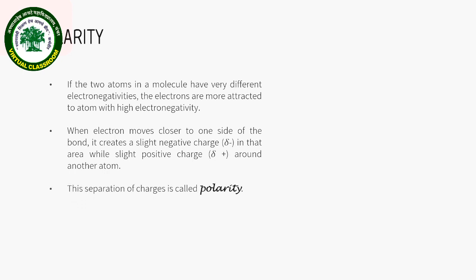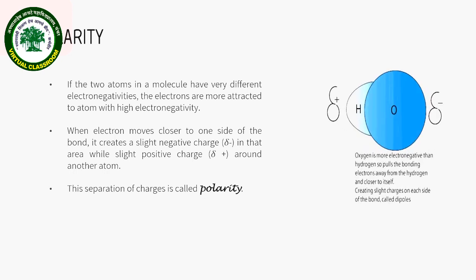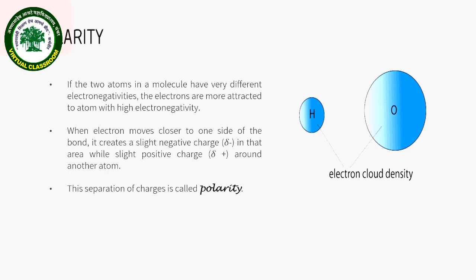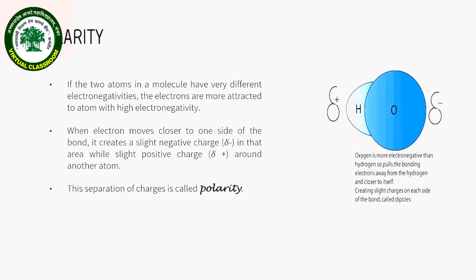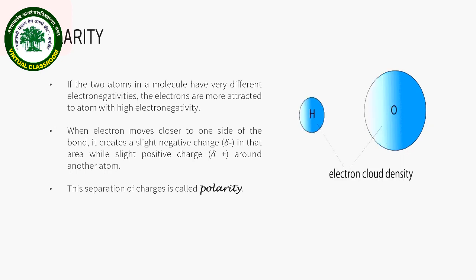This separation of charges is called polarity. For example, the water molecule, which is made up of hydrogen and oxygen atoms. Here, oxygen is more electronegative than hydrogen, so it pulls the bonding electrons away from the hydrogen and closer to itself, creating a slight charge on each side of the bond, called dipoles.